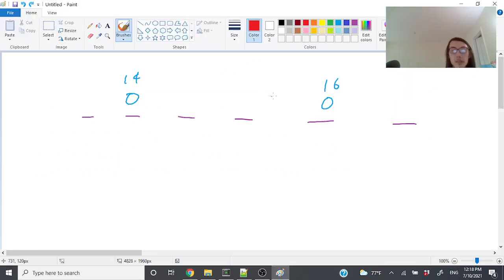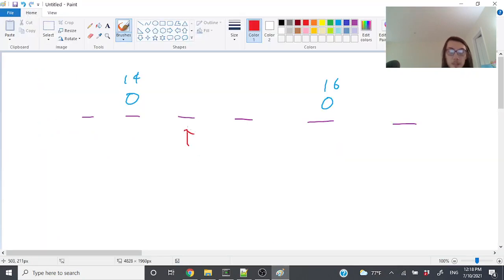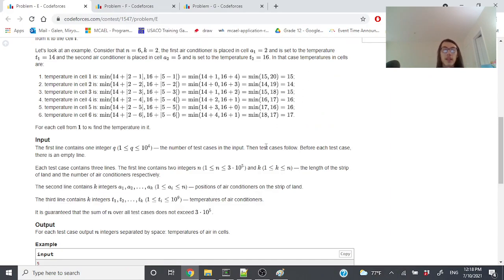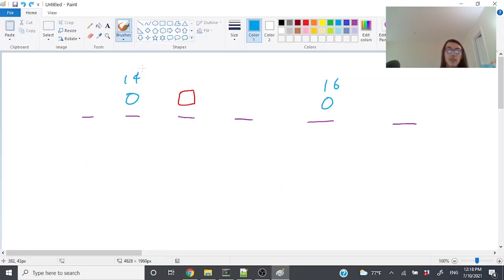Yeah. So now we're looking for the temperature of each individual cell. And the way the temperature will work is we consider each air conditioner separately. The effect that this air conditioner has is it lowers its temperature to the power of the air conditioner, or the setting of the air conditioner, which is 14.